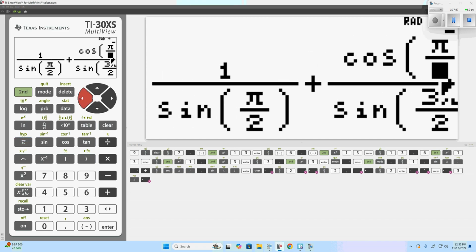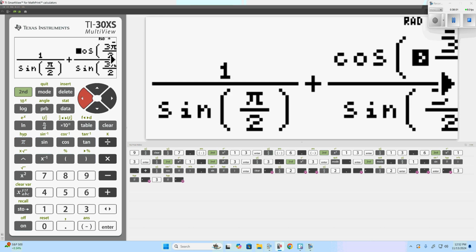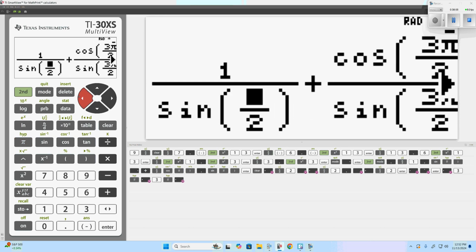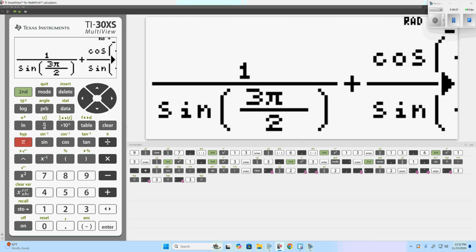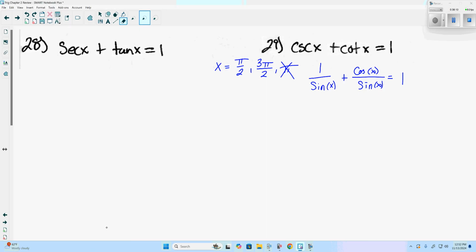Okay? And I think I know what we're going to get here. Division by 0, or negative 1. But we want it to be positive 1, not negative 1, so 3 pi over 2 is out. So the only one that actually works is pi over 2.